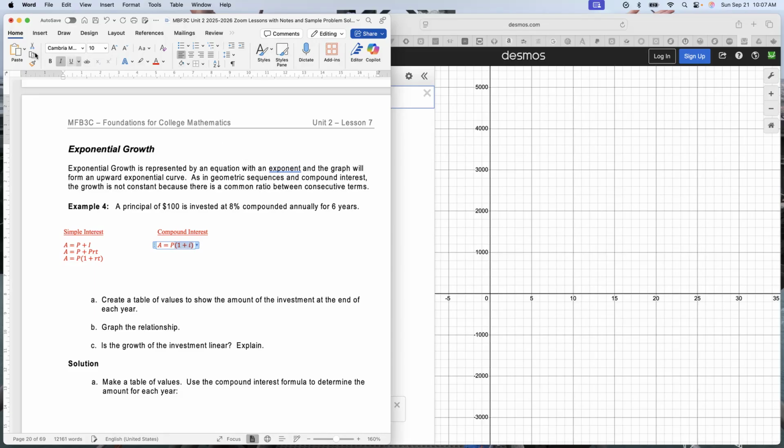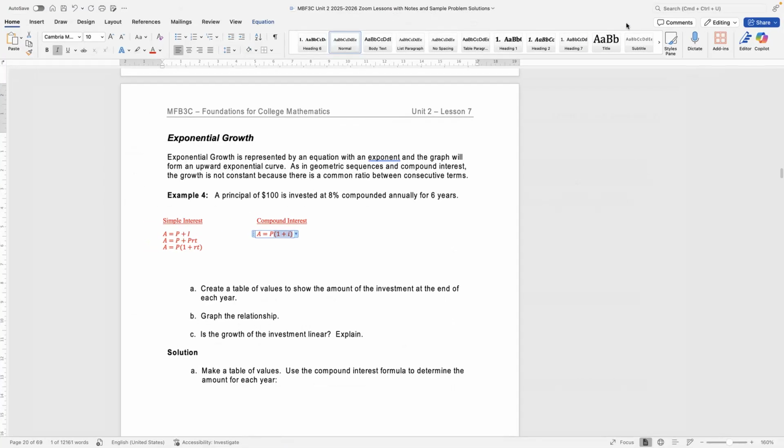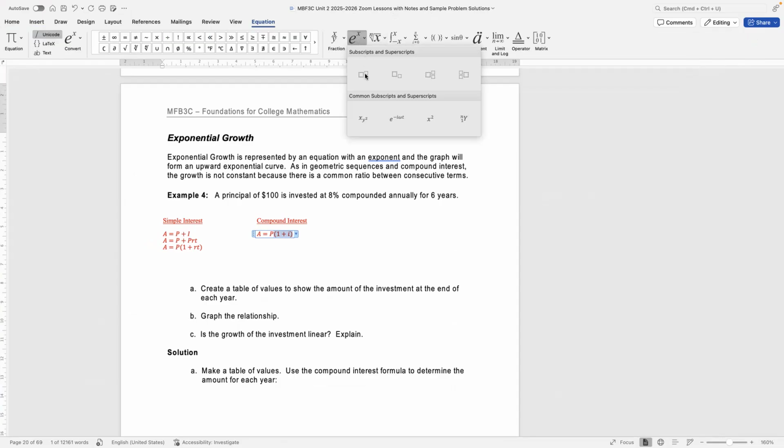So if I go over to my equation editor, I'm going to maximize this for now. Okay, equation right there. I need to add an exponent, and the exponent is going to be n.